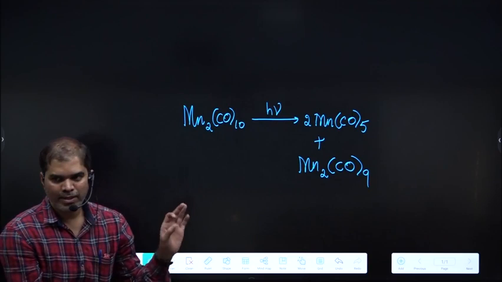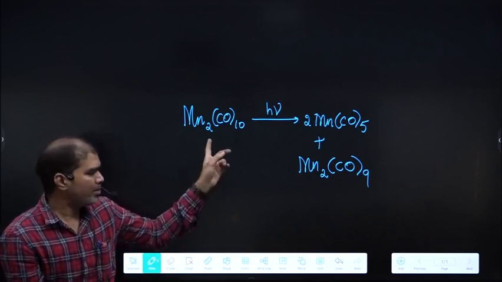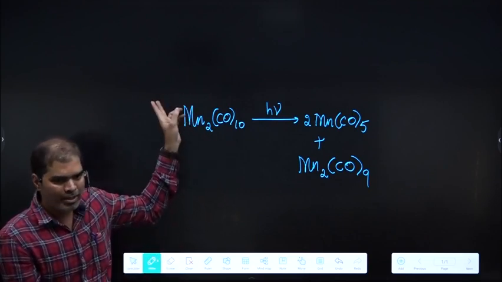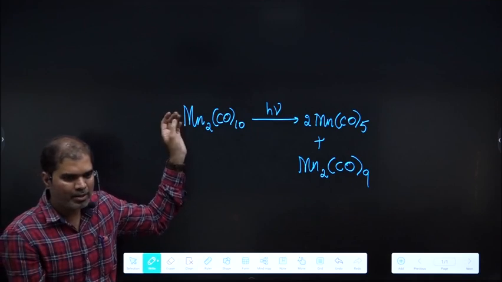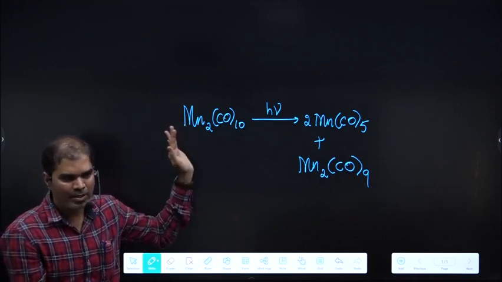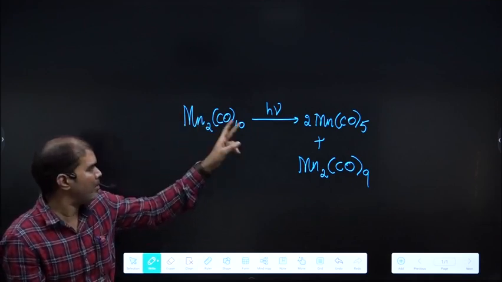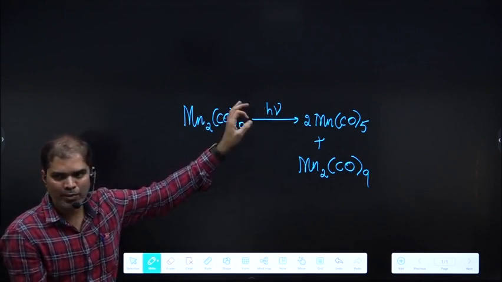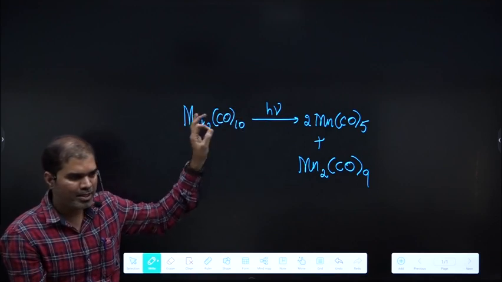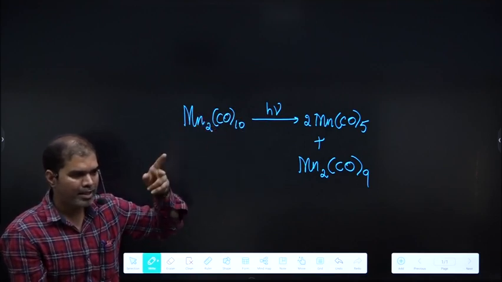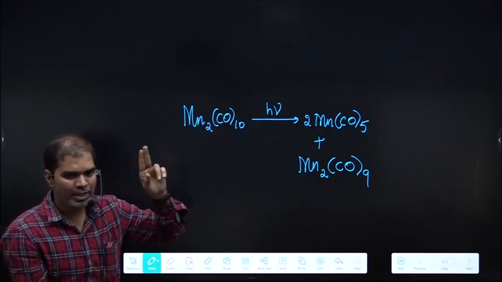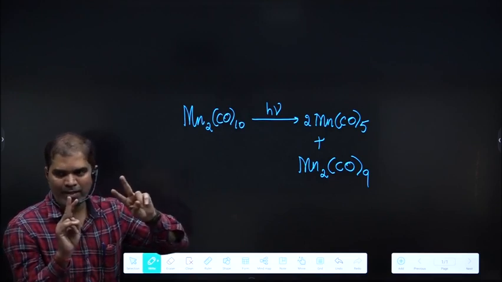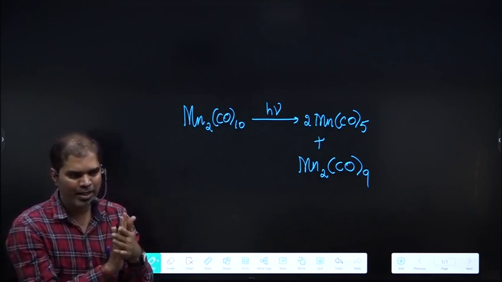So we'll close with a small question. Mn2CO10, I did not give you the stoichiometry, but whenever I subject Mn2CO10 photochemically, h nu refers to photochemically, that can break. Two things can break.